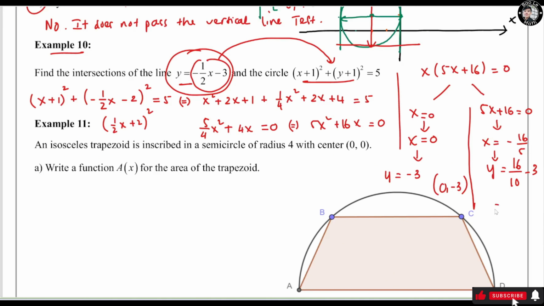So it's going to be negative 14 over 10. Simplify, it could be negative 7 over 5. So the second ordered pair should be (negative 16 over 5, negative 7 over 5).